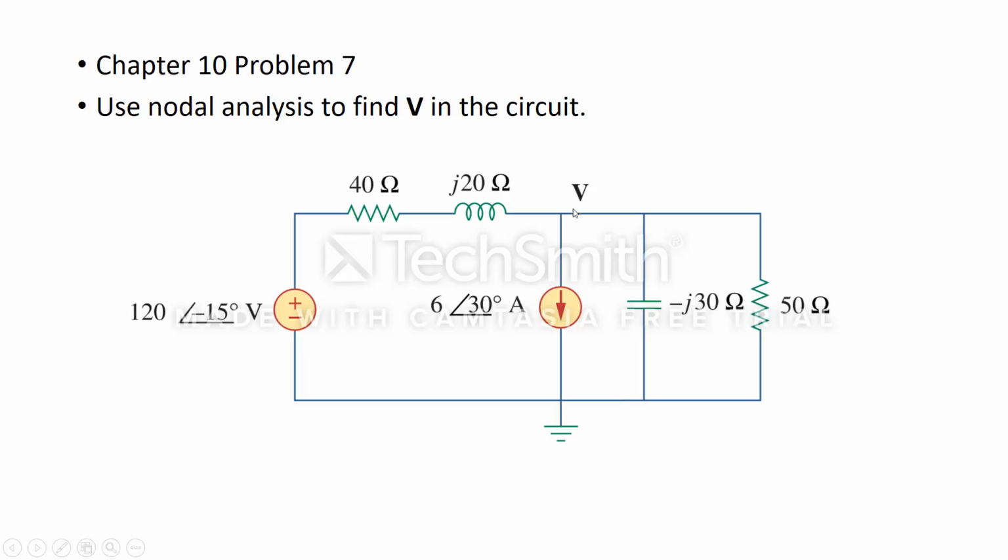So we have a situation where this is the node where we have potential as V, and this is a node where we have the potential as 0.